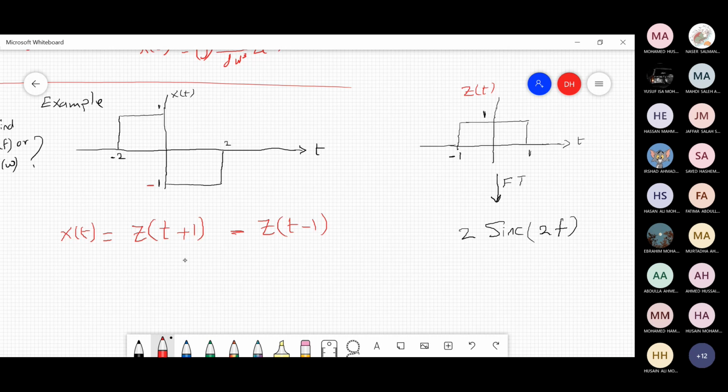Okay, then what is the Fourier transform for this one? X of f equals, for this one, it is just a shift. So it is Z of f multiplied by e to the power of j 2 pi f a, where a equals 1. And here, again, it is Z of f multiplied by e to the power of j 2 pi f multiplied by minus 1.